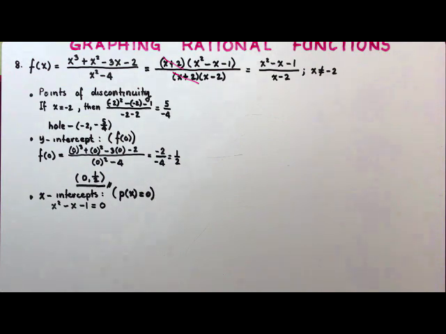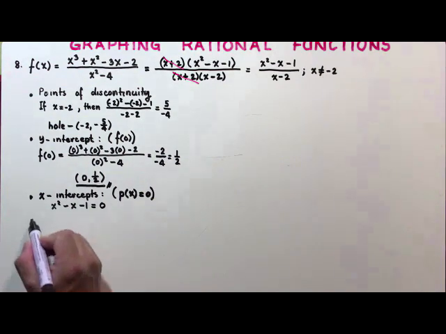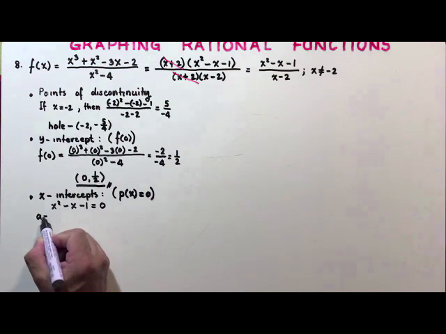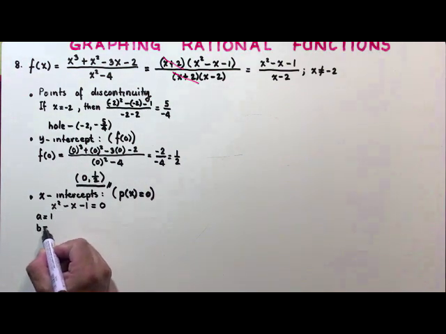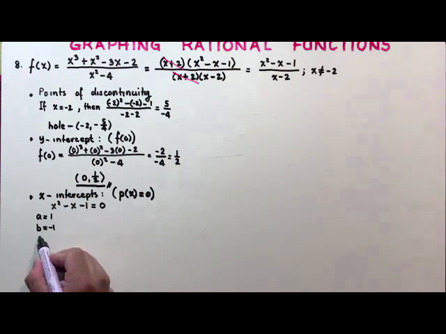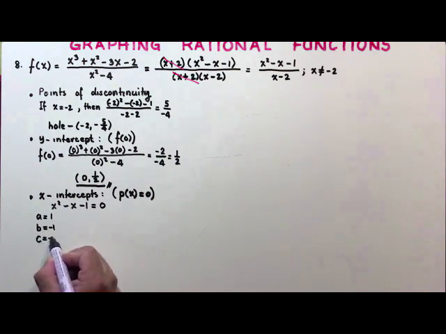So we may use the quadratic formula, which asks you to find the value of a, and in this case the a is 1, and the b is negative 1, and also c is negative 1.